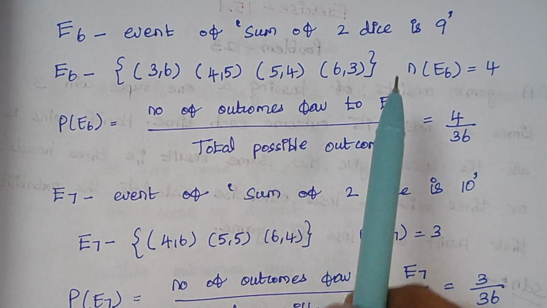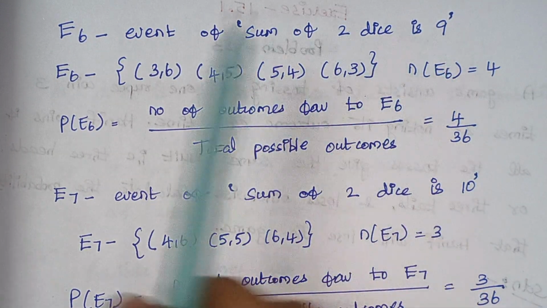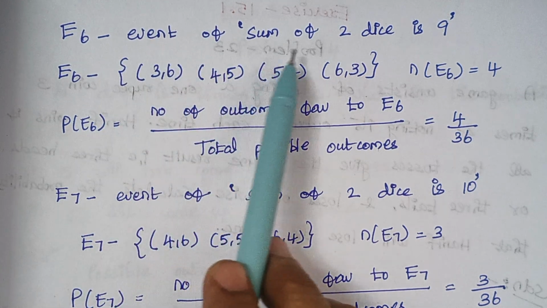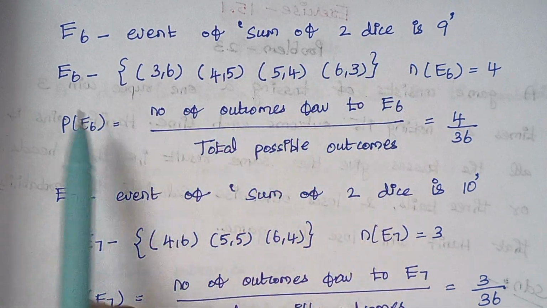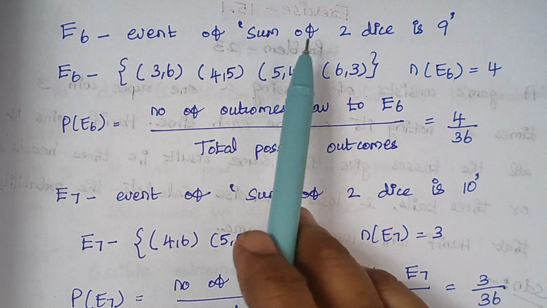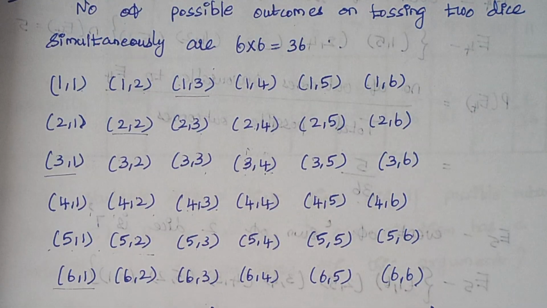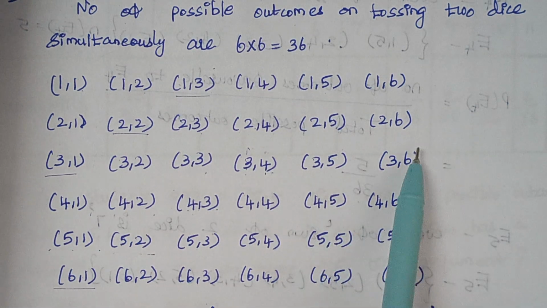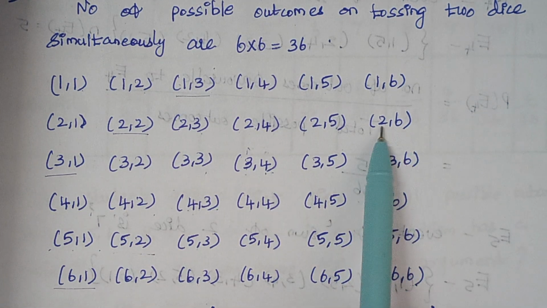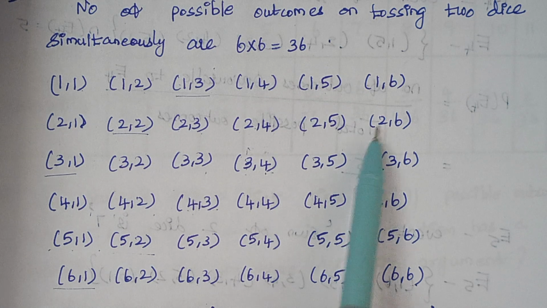The next one is sum of two dice is 9. So let E6 be the event of sum of two dice is 9. Here again we have to look back at the possible outcomes and check. You see 2 plus 6 gives you 8, but what we want is 9.